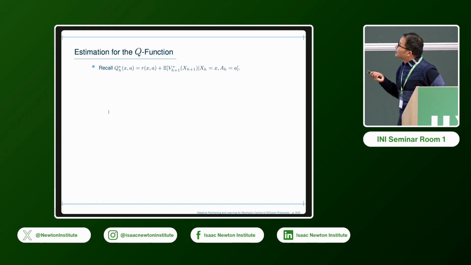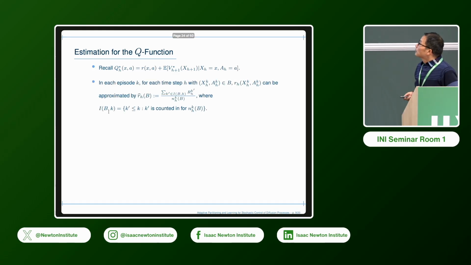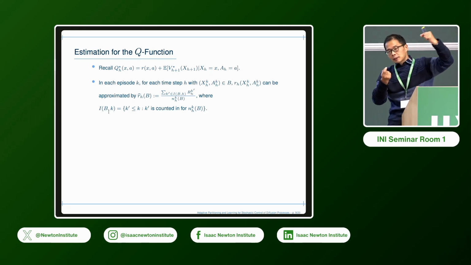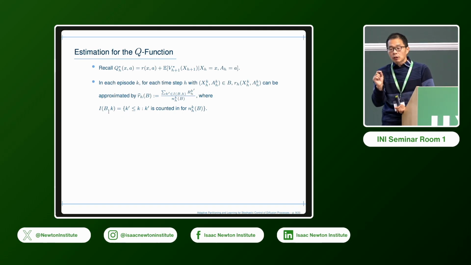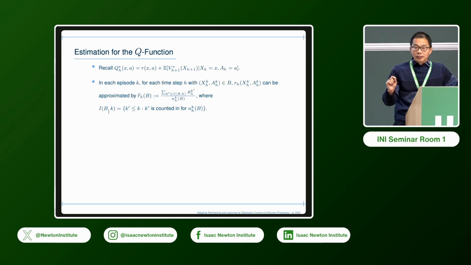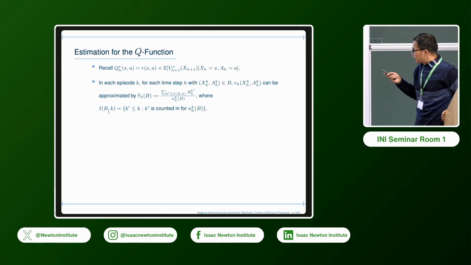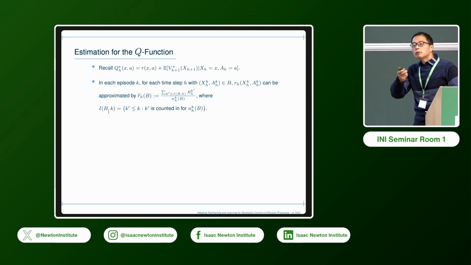We estimate these two parts separately. For the first part, the expected instant reward, the information we collected comes from visits to the current block and its ancestors. We collect all this information and just use the sample mean.